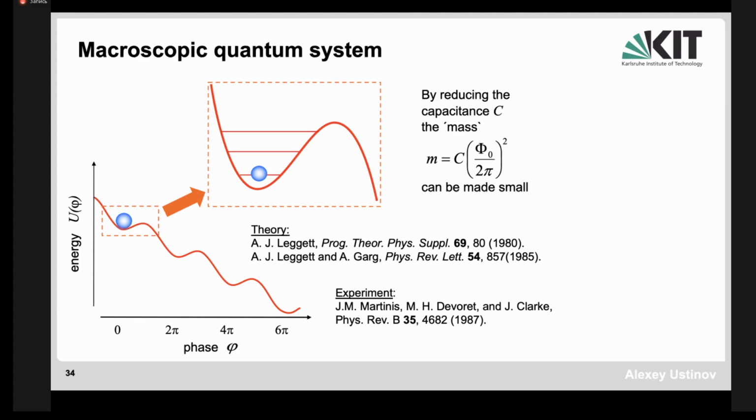It's several orders of magnitude smaller than the mass of a single free electron. So you have something macroscopic, you have the circuit, which is macroscopic. But the equivalent inertia of the circuit is so tiny, dissipation is very small. So inertia is extremely small, so that the whole circuit described by this variable phase difference on the junction is behaving as a quantum object.